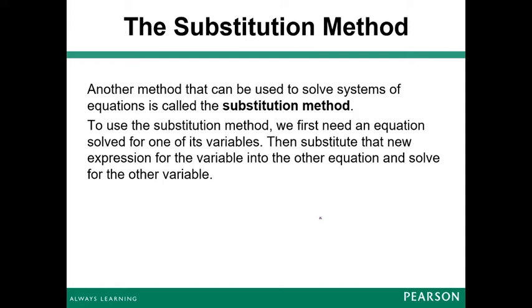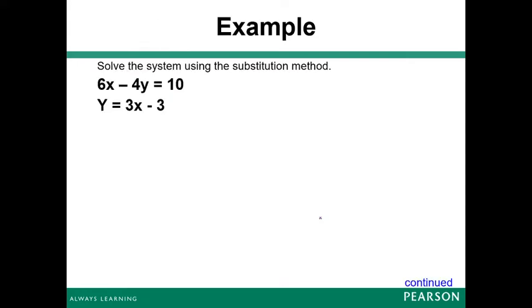Another method that can be used to solve a system of equations is called the substitution method. To use the substitution method, we first need an equation solved for one of the variables. Then substitute the new expression for the variable into the other equation. So it's necessary that everybody pays attention to this structure.